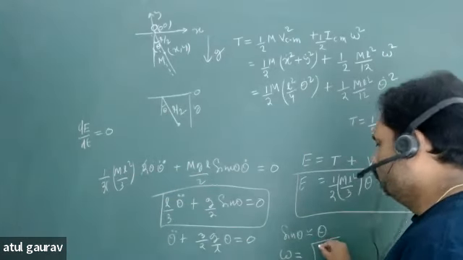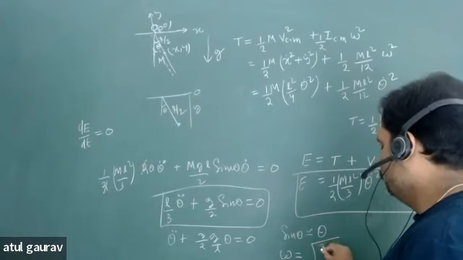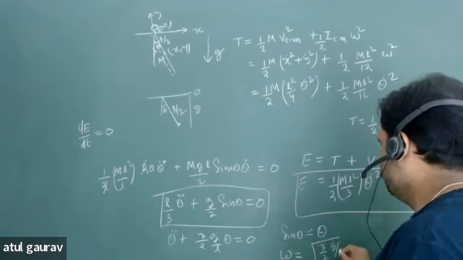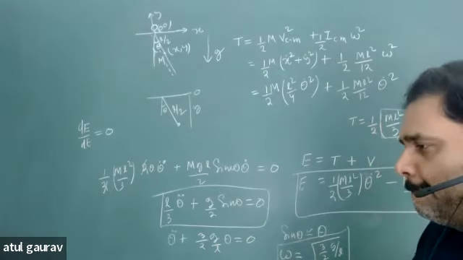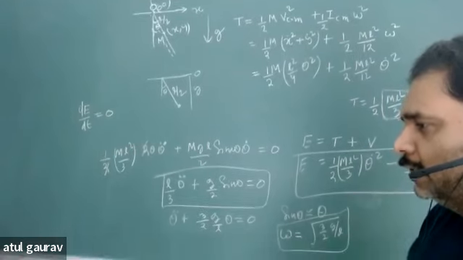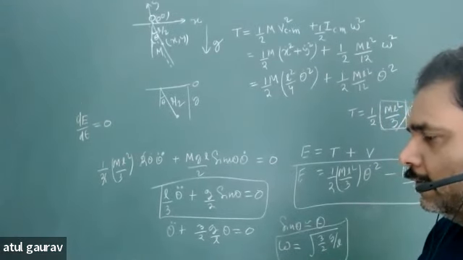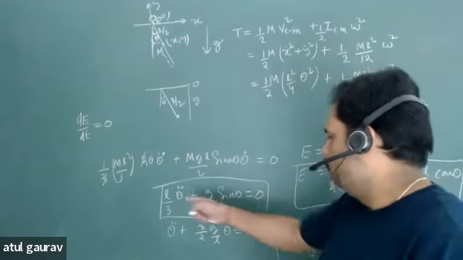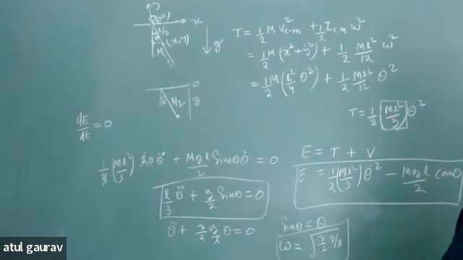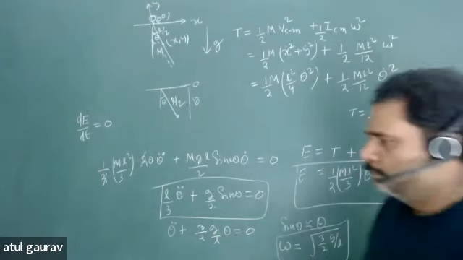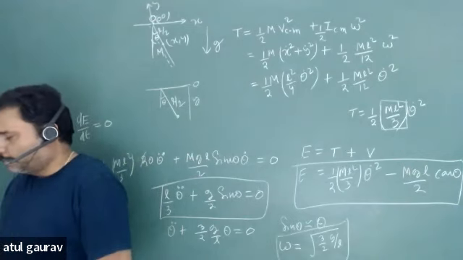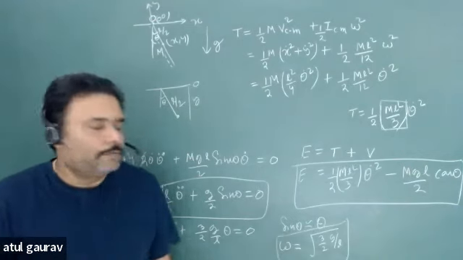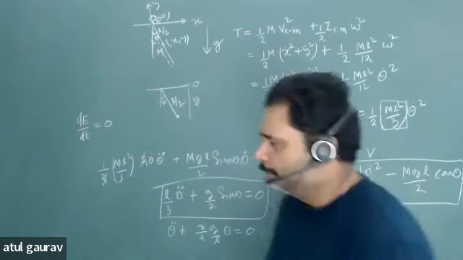What is coming? 3 by 2 G upon L. Is this clear? And now this is nothing but the equation of motion. Isn't it? Everyone comfortable? If you want to ask something, you can ask. Then we will go for the next problem.